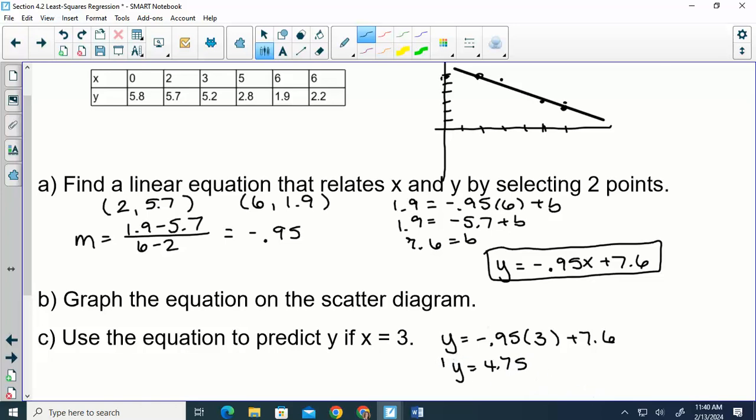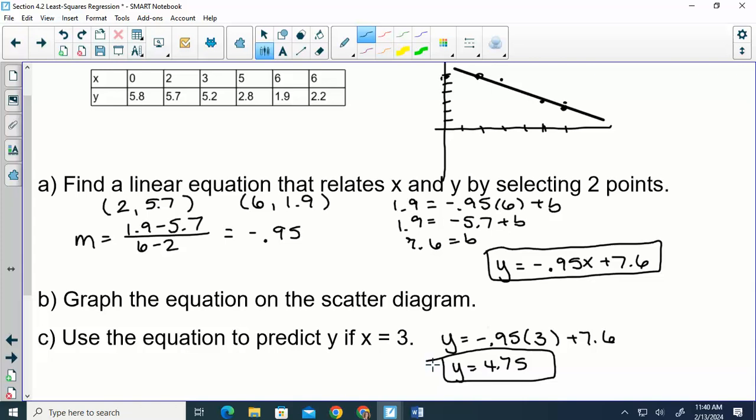And I would get 4.75. If you look back at the table, we did have a point when x is 3. Did we get the same y value as the table? No. Why? Right. Our line isn't perfect. And there's not even a single line that every point would fall on. So, first of all, our line probably isn't great. But second of all, even if it was a perfect line, every point is not going to be on it.